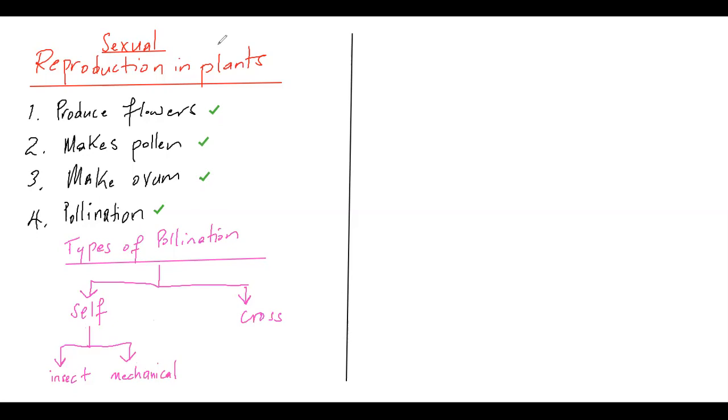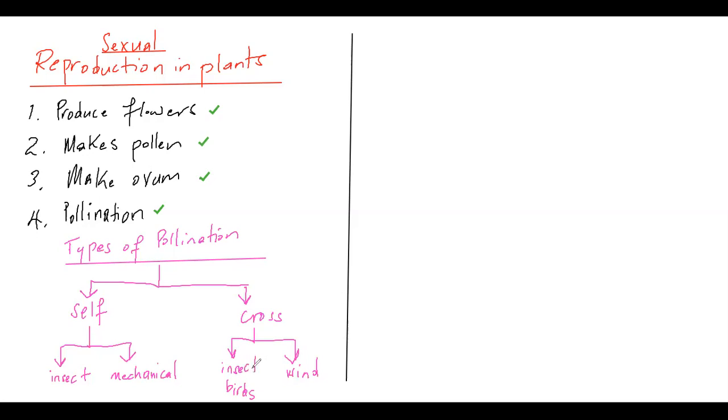And if you're going to do cross-pollination, that's where we said you would either need insects or you would need the wind to help you. And then we had animals. Well, animals don't really help with the pollination. They'll help with the dispersal of the seed. But in terms of the pollination, it's usually insects or birds. I would include birds, but I wouldn't make it so wide and say animals. So I'd say insects or birds.